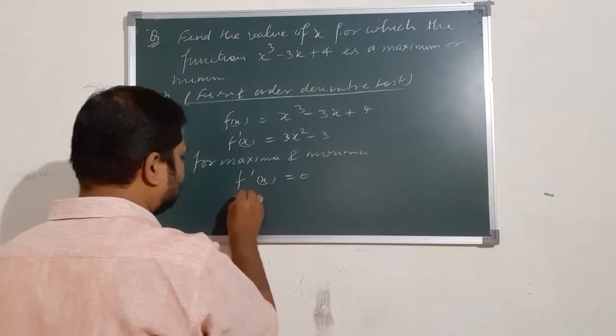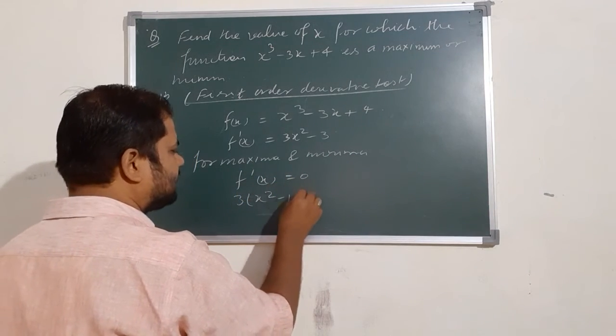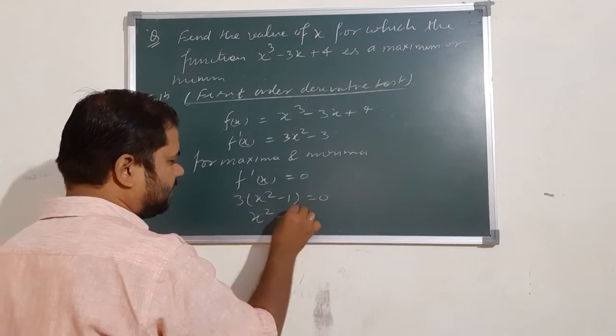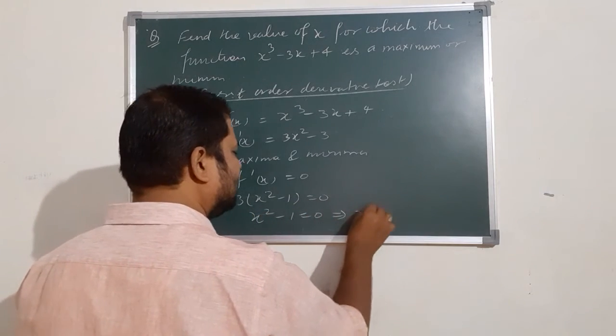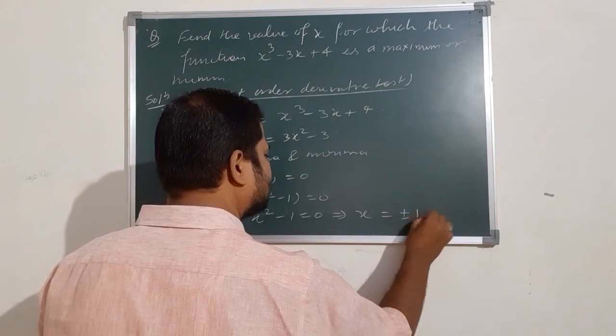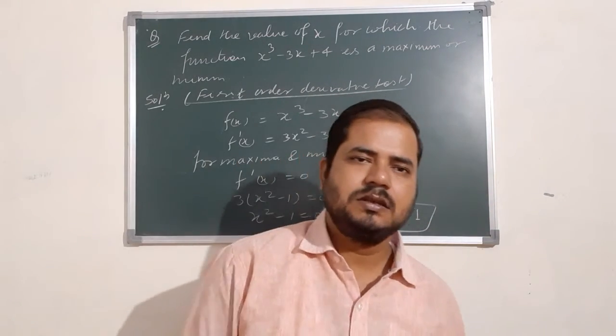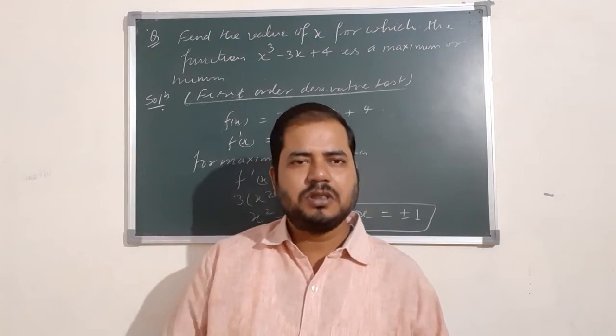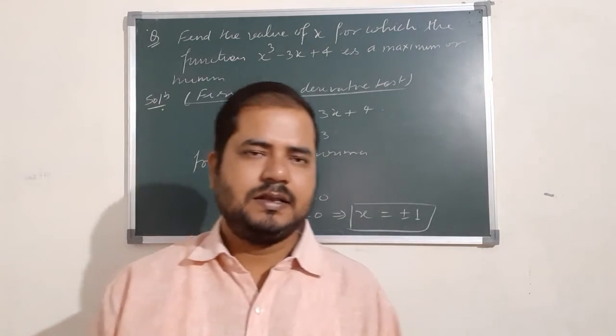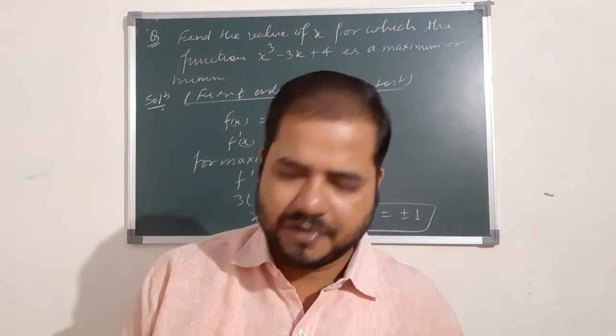That means 3 times x square minus 1 is equal to 0. So x square minus 1 is equal to 0, x is equal to plus 1, minus 1. So there are 2 points, first is 1 and second is minus 1. At both the points we have to check whether this is maxima or minima.